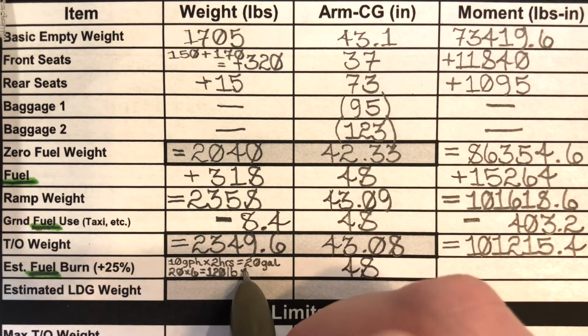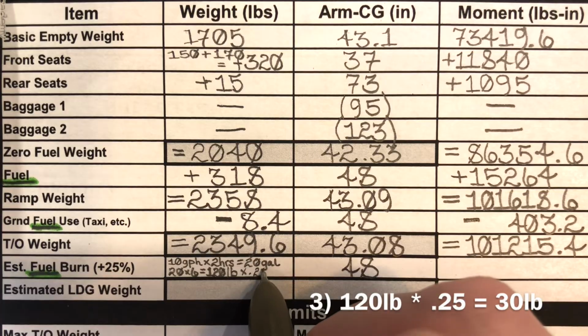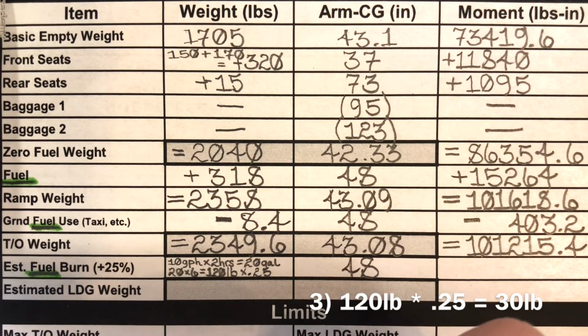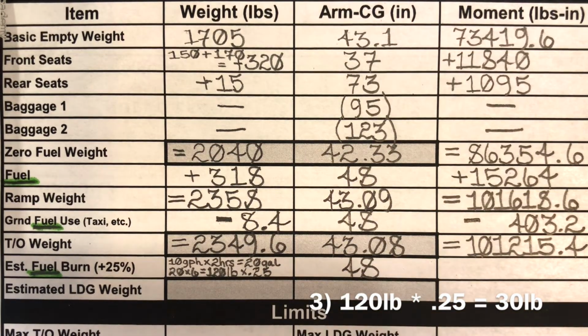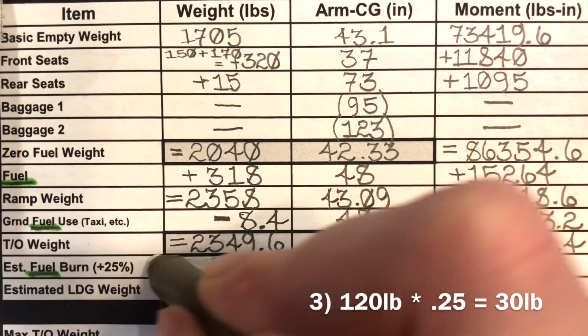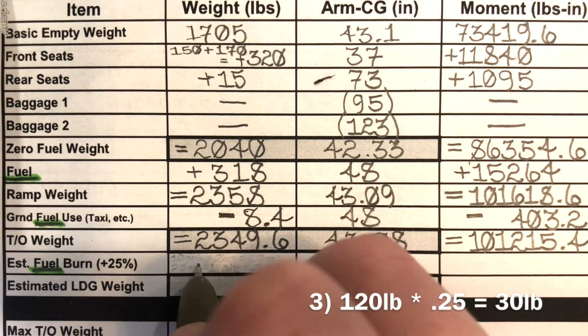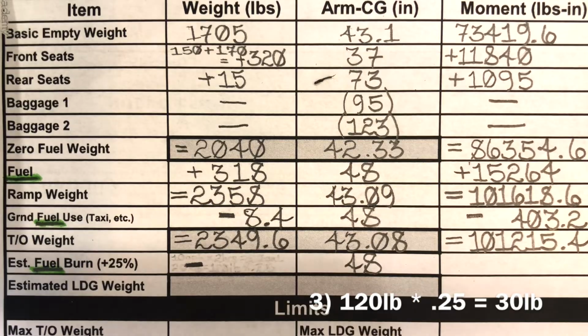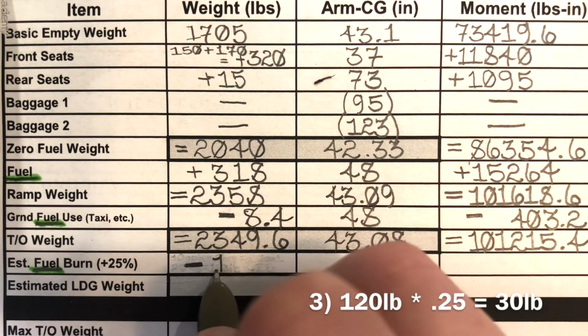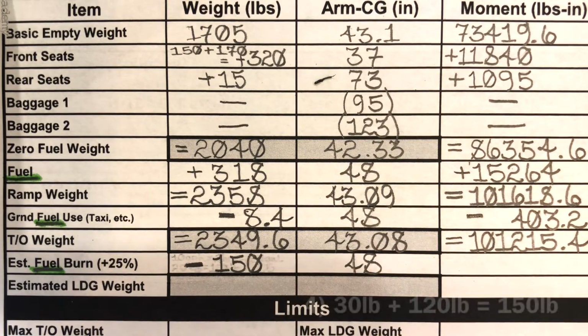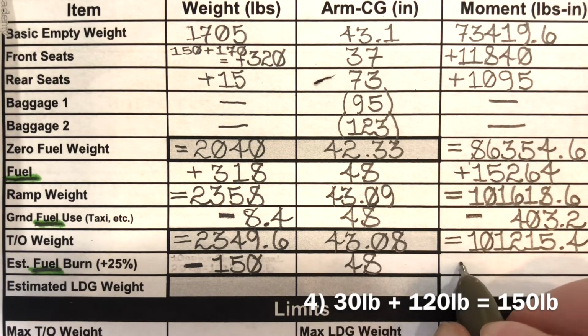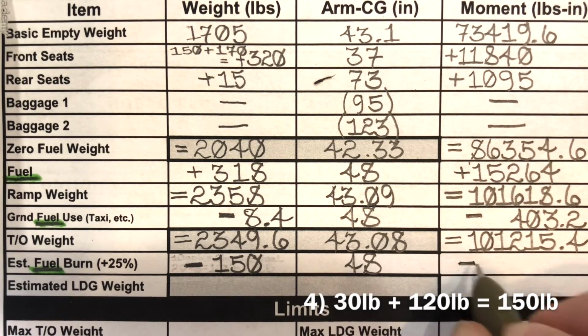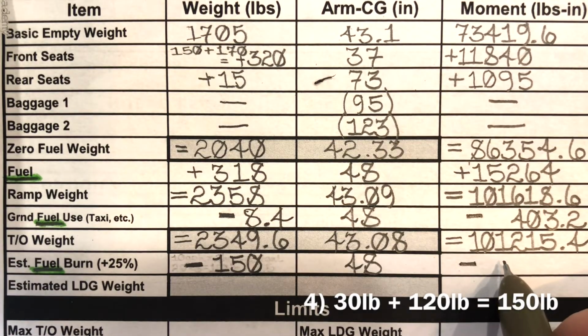Next, I multiply 0.25 to get 30 pounds. Now that 0.25 is the percentage, right? So 25% of 120 is 30 pounds. So 30 pounds is only 25% of 120. I add 30 plus 120 to get that 150.